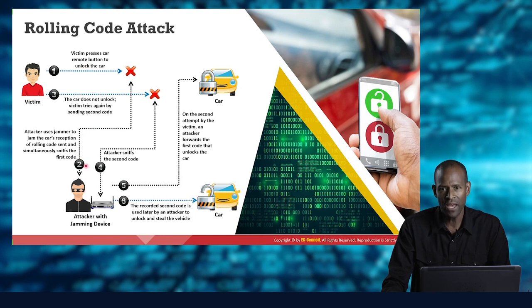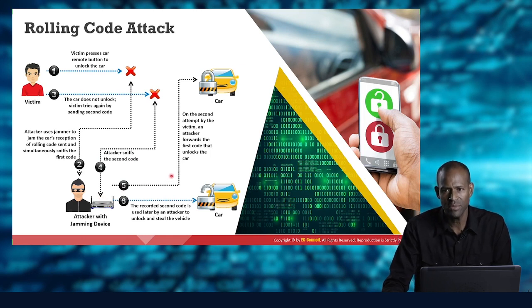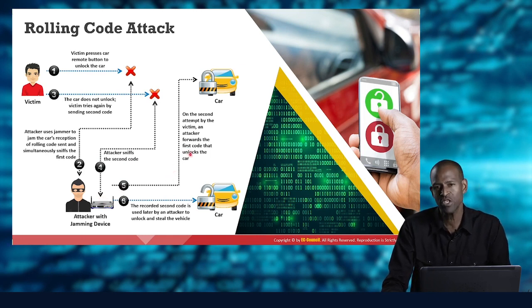All right. Then, since it doesn't unlock, the person clicks that key again. And the attacker then also sniffs the second code. But on the second attempt, the attacker forwards the first code and the car unlocks. So you have to be pretty quick with it, right?